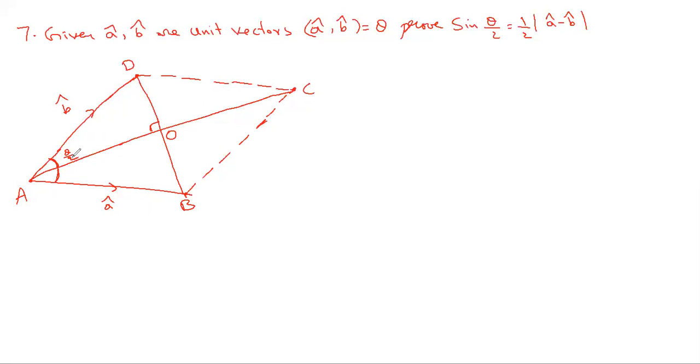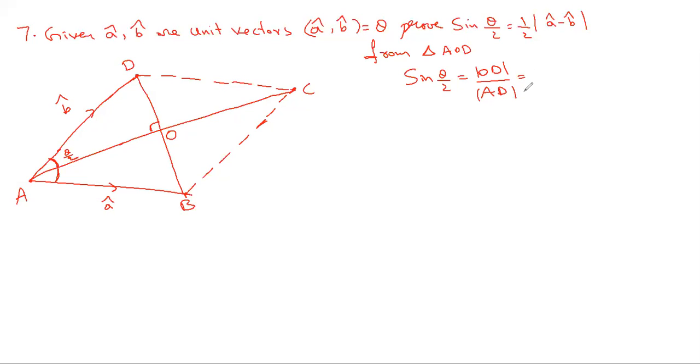So basically, from triangle AOD, sine theta by 2 equal to OD magnitude by AD magnitude.